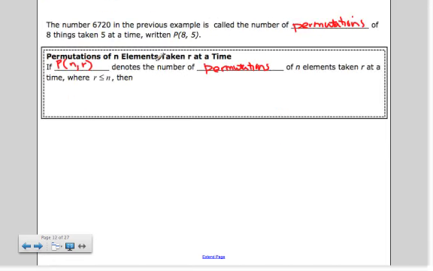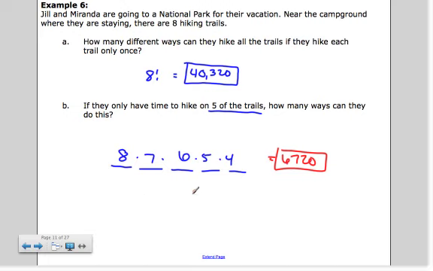Your R is going to be less than or equal to your N, because you can't take more than what's there. Then, P of N, R equals N factorial over N minus R factorial. Because over here, what we had was 8 factorial, that was the number of choices, and we took off what was left over.